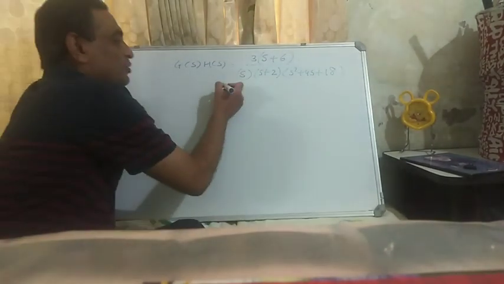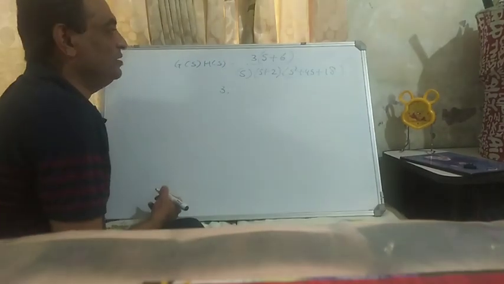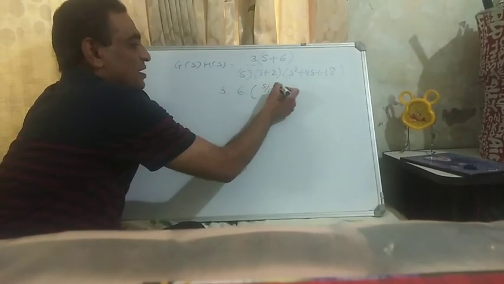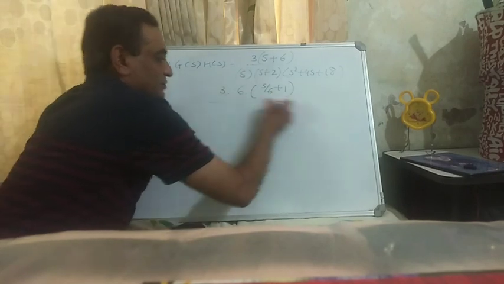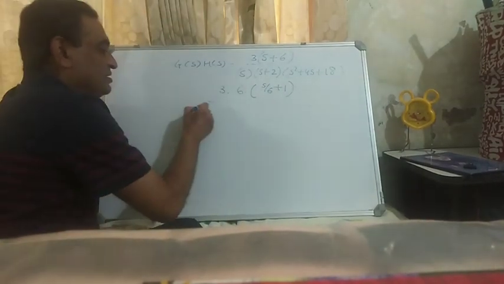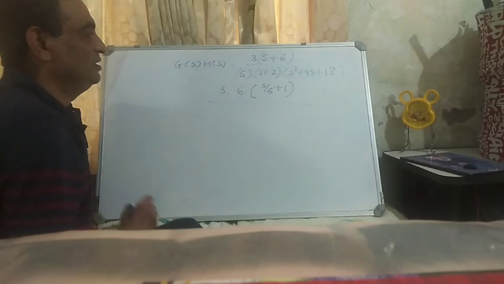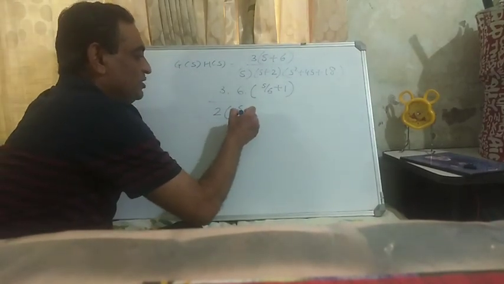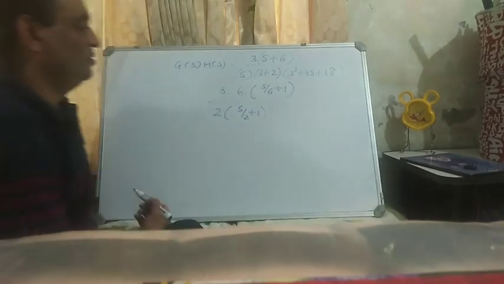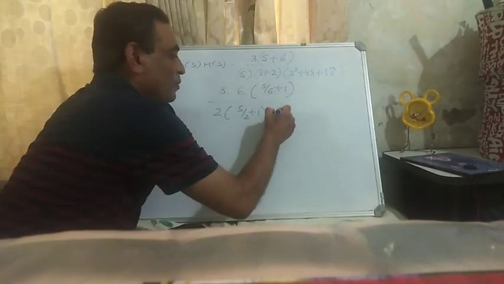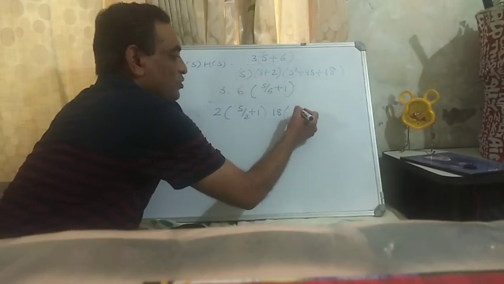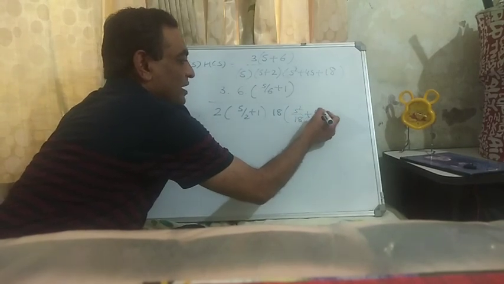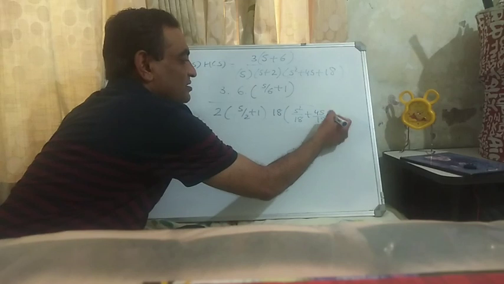So now what can I do? 3 is already there. I'm taking 6 common, so this is s by 6 plus 1. Now I keep s like this, s into, I'm taking 2 common, so what is this now? s by 2 plus 1. Now I'm taking 18 common on this term, so you will get s square by 18 plus 4s by 18 plus 1.